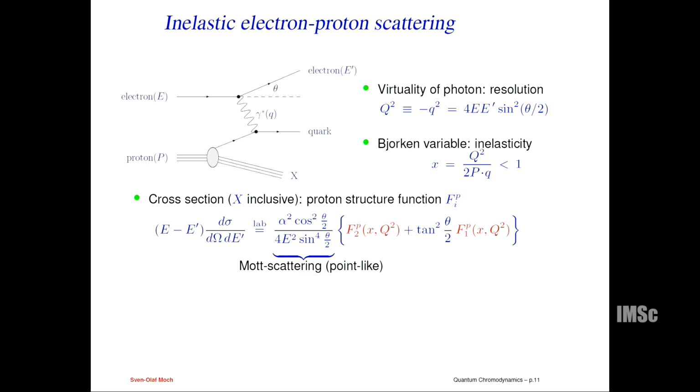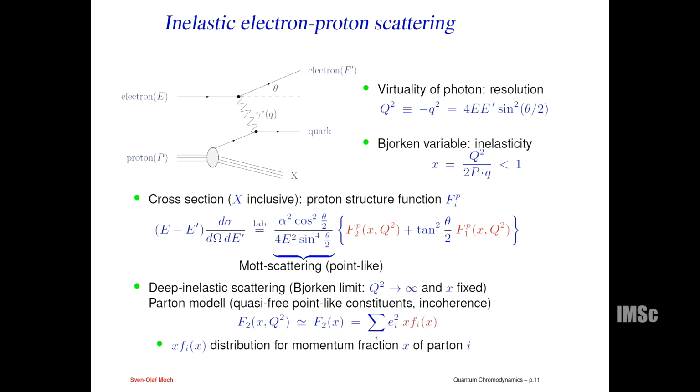This depends on what polarization you associate to the photon. Those structure functions depend on the relevant kinematical variables, Bjorken x and Q squared, which are the ones we need in order to make statements about the proton structure.